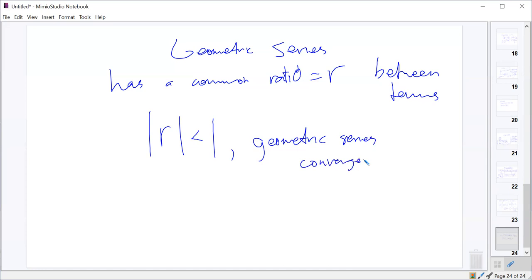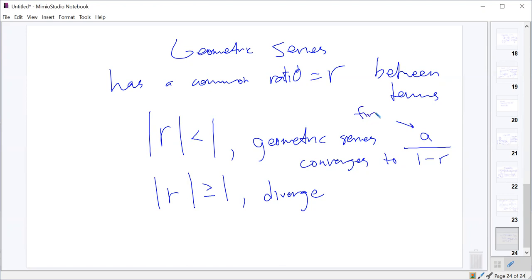Any time where the absolute value of r is greater than or equal to 1, it will diverge, no matter what. So easy. If you can find a common ratio between the terms and its absolute value is less than 1, it converges. If it's not, it's going to diverge. And if it does converge, it converges to the first term, a over 1 minus r, right? A is the first term.